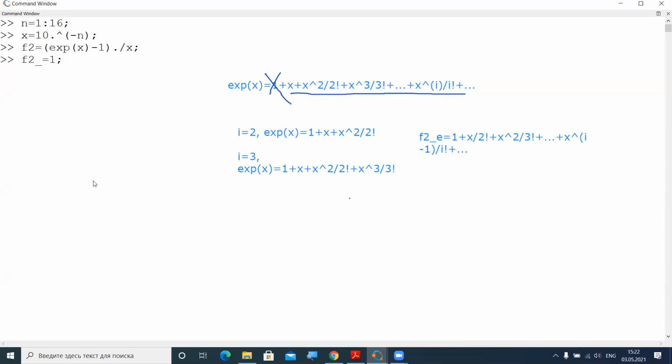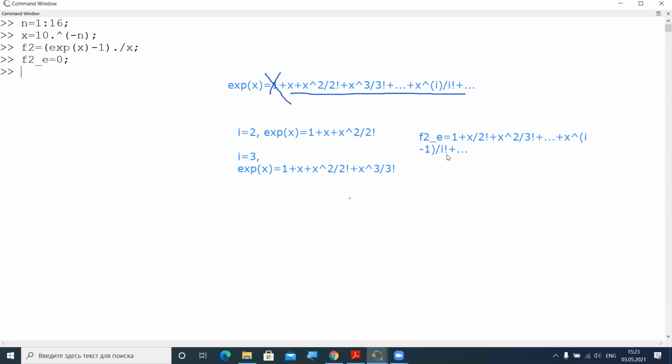However, now we have this function here: 1 plus x over 2 factorial, x squared over 3 factorial, etc., x to the power i minus 1 over i factorial. And now we can begin not from 1, but from 0. Is it clear? Yes, yes.